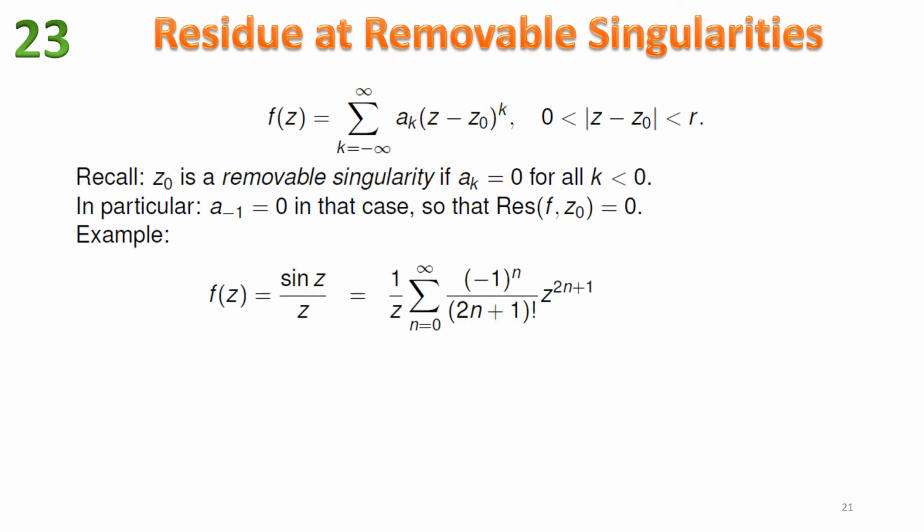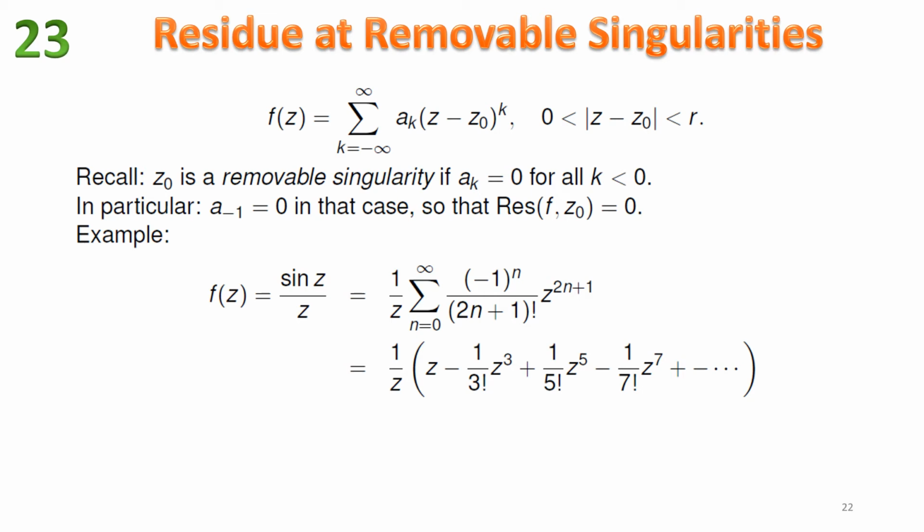Now let us roll through an example that will give more clarification on this concept. f of z is equal to sine of z upon z, and this we have already solved, and at this point I'm not interested in repeating what I did some videos ago.